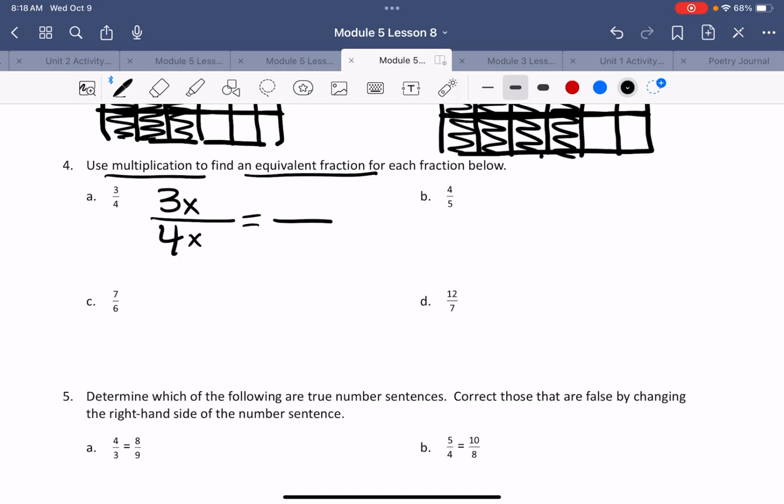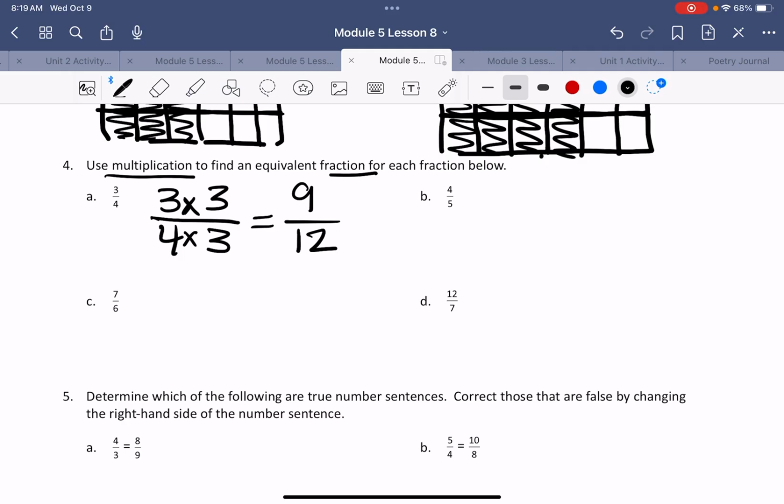So if I times the top and the bottom by 2, it has to be the same number, then I would get the equivalent fraction 6/8. If I was to times the top and the bottom by 3, then I would get 9/12, another equivalent fraction.